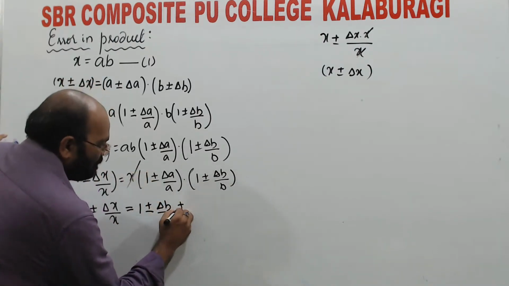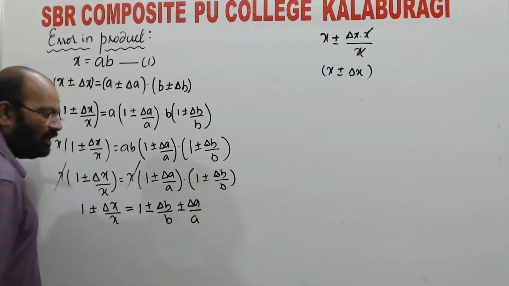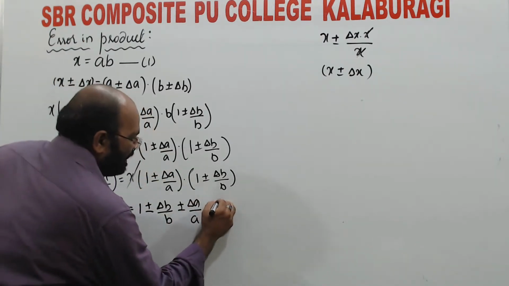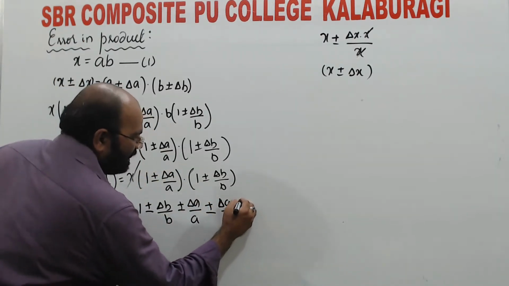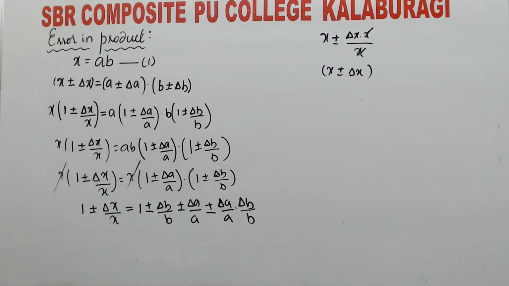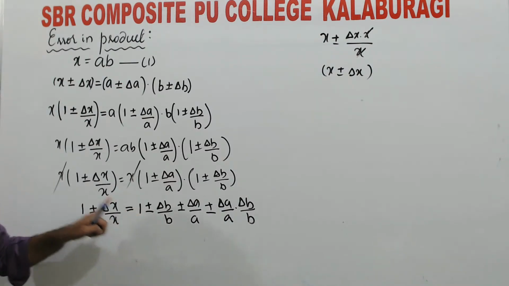Then plus or minus delta A by A into 1, delta A by A, plus or minus delta A by A into delta B by B. Then move the plus 1 from RHS to LHS.